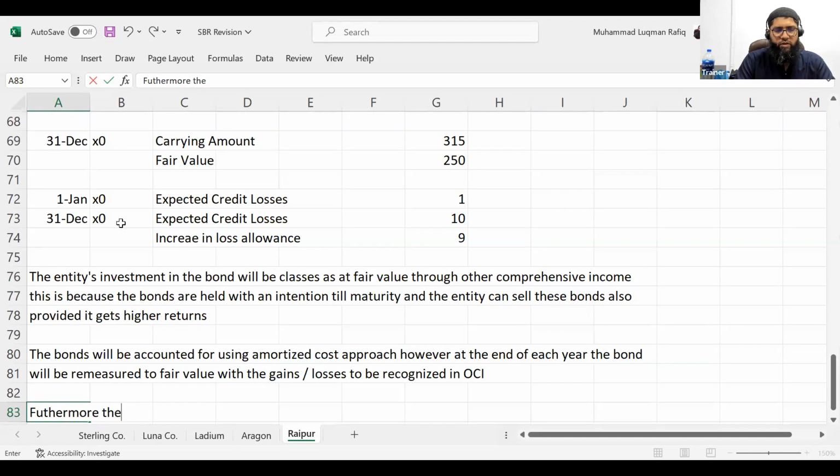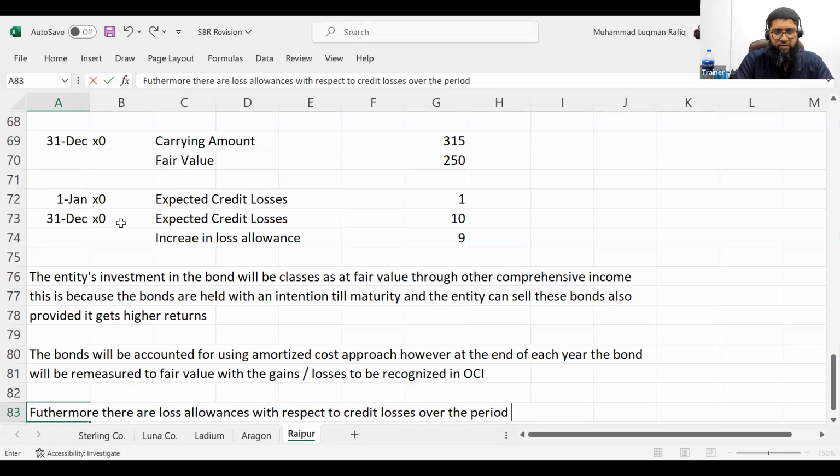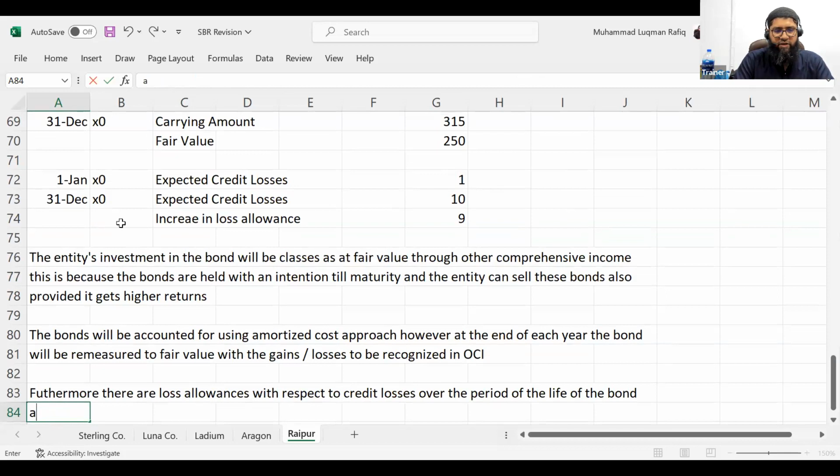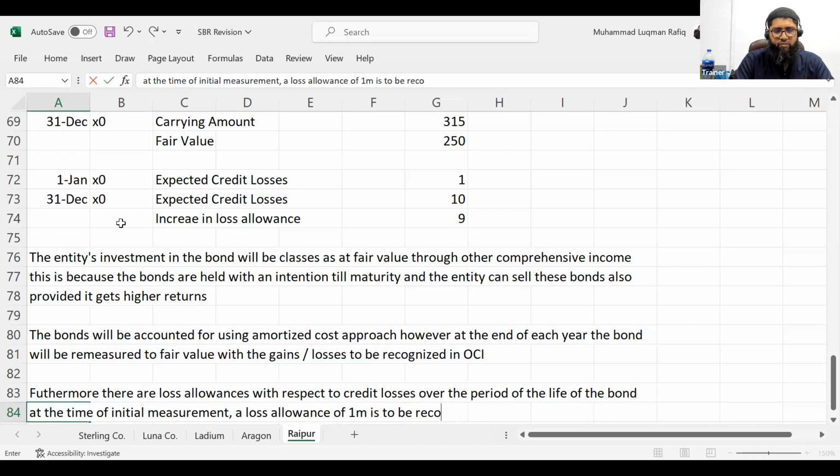Furthermore, there are loss allowances with respect to the credit losses over the period of the life of the bond. At the time of initial measurement, a loss allowance of $1 million is to be recognized in the income statement.